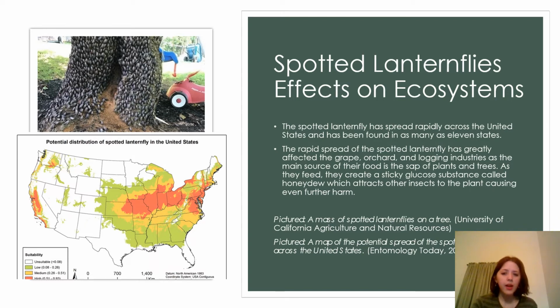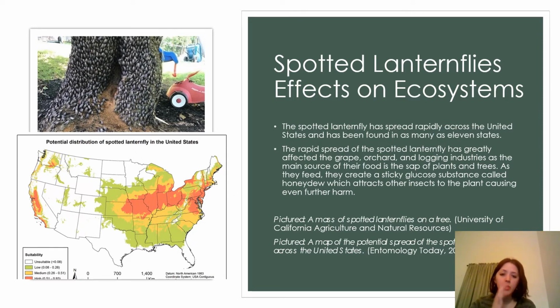The rapid spread of the spotted lanternfly has greatly affected the grape, orchard, and logging industries as the main source of their food is the sap from plants and trees. As they feed, they create a sticky glucose substance called honeydew, which sticks to the plants and the ground around the plants that they feed on, and this attracts other insects to the plant, which causes even further harm.